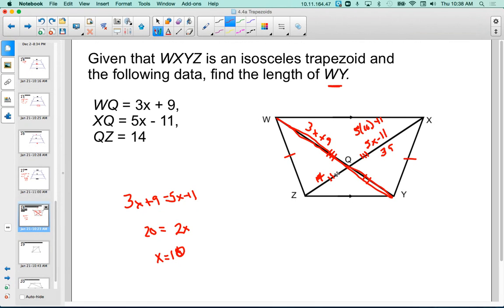And if I add these two segments together, 14 and 39, let's see, 53. This length is 53, so WY is also 53. If you can find one diagonal length, you found the other if it's an isosceles trapezoid.